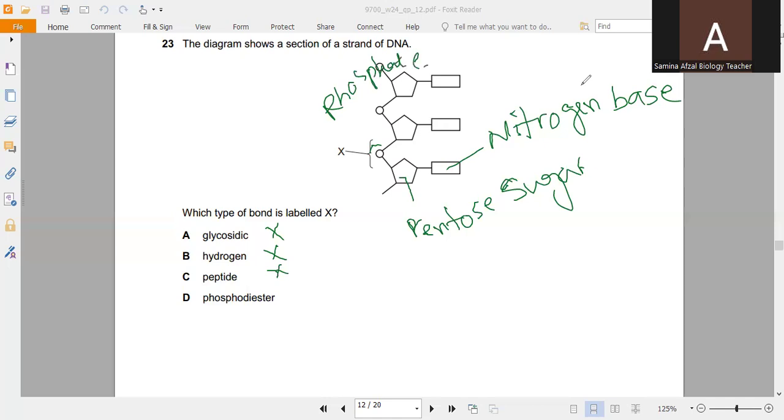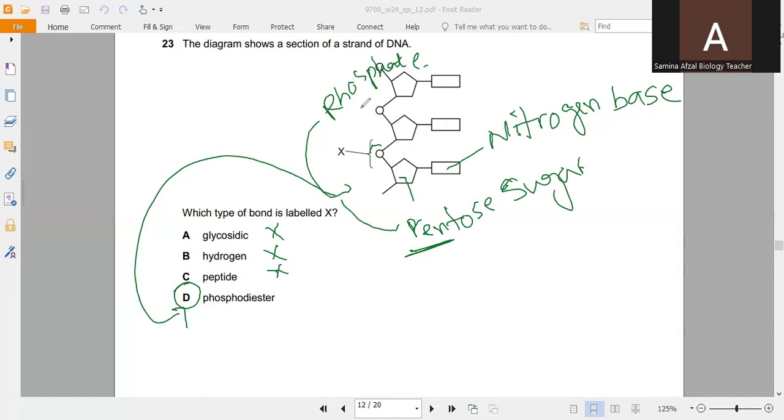So the bond formed between the pentose sugar and the phosphate is the phosphodiester bond. So D is the correct option. This is the phosphodiester bond, which is formed between a phosphate molecule and pentose sugar in DNA.